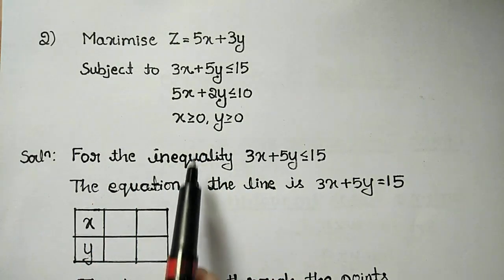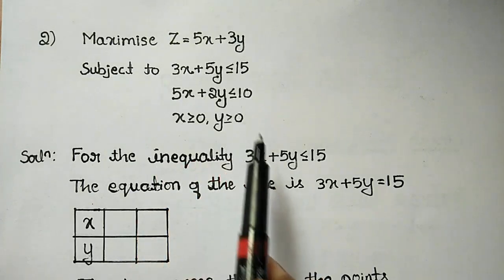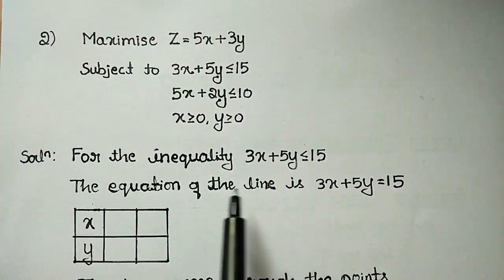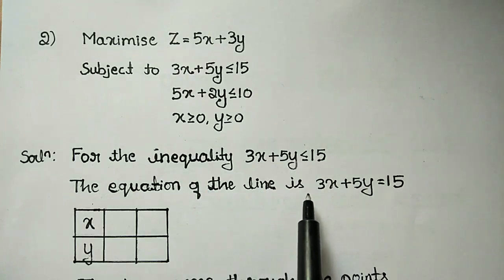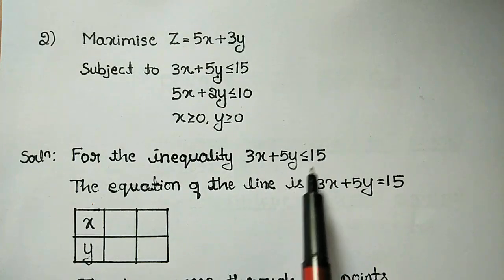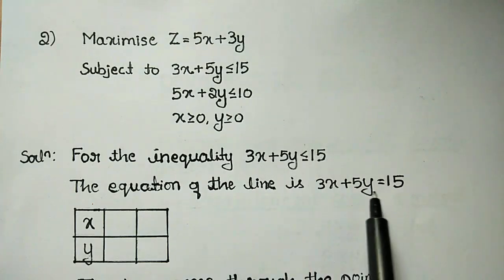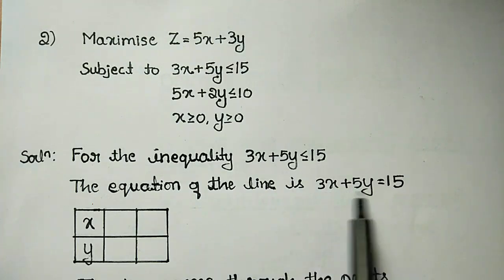The first inequality is 3x plus 5y is less than or equal to 15. For this, we first write the equation of the line. This can be done by replacing the inequality sign with the equality. Now we have to find the points on this line.